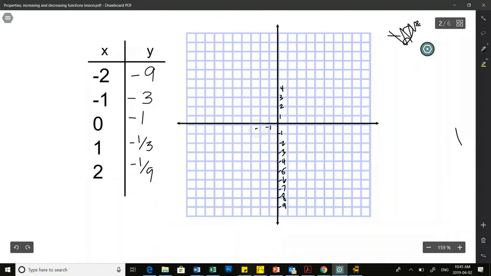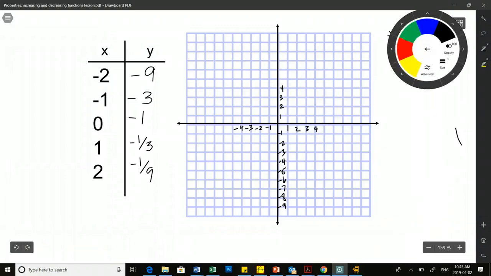And I'm going to go by ones on the x-axis as well. And then we'll start graphing our points.